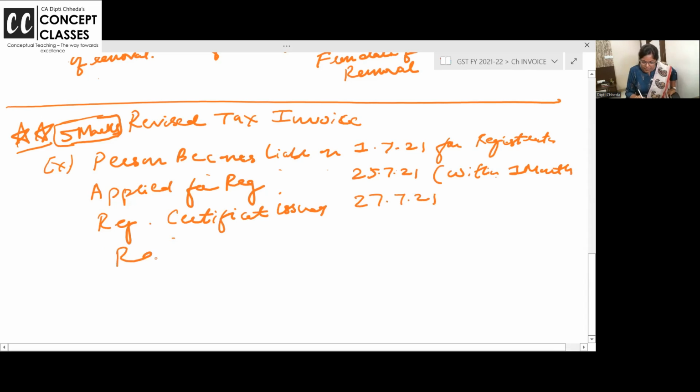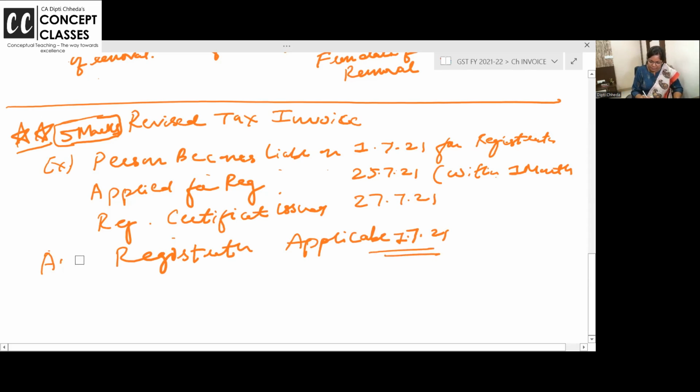But you are liable to pay the tax, so from where will registration be applicable? 1st July 21. All clear? This is the answer.